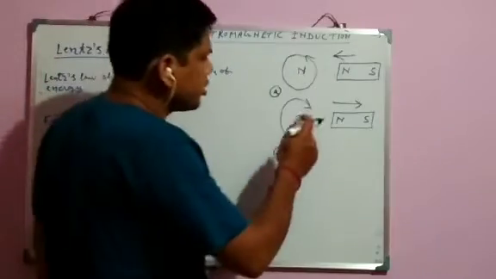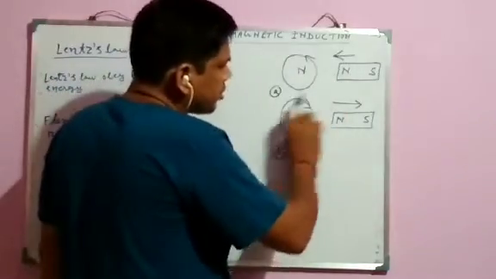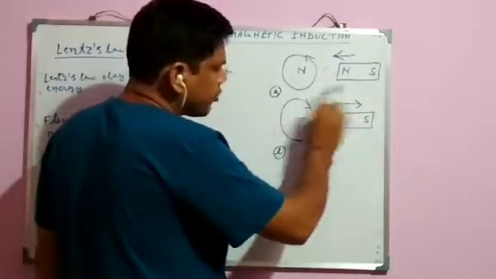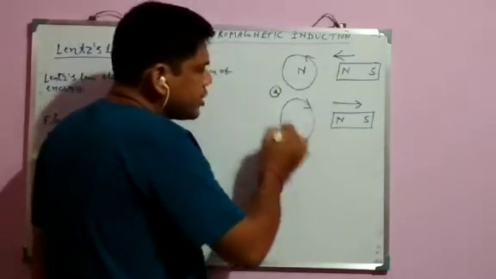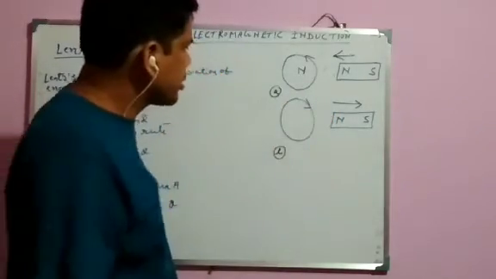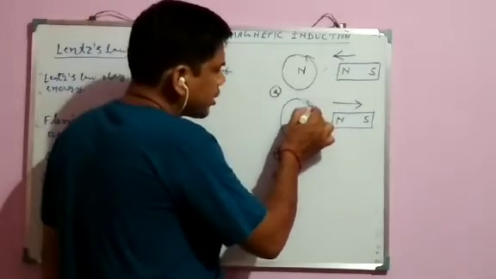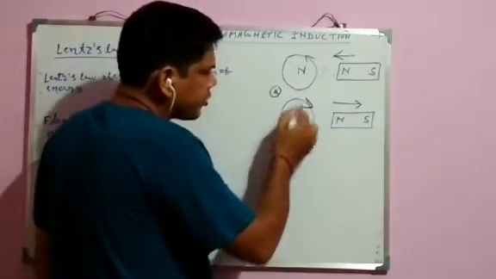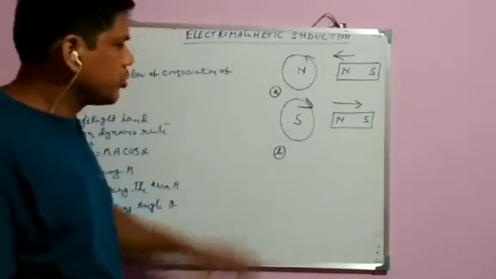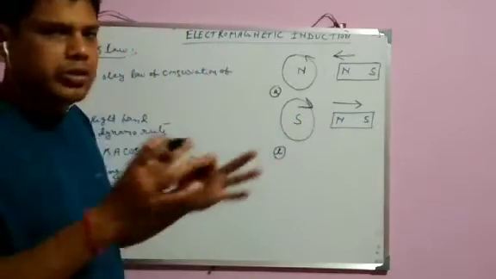Similarly, when we move the bar magnet away from this coil, the direction of the induced current is such that it will be clockwise, so that this face acts as a south pole. We know south pole and north pole attract each other.